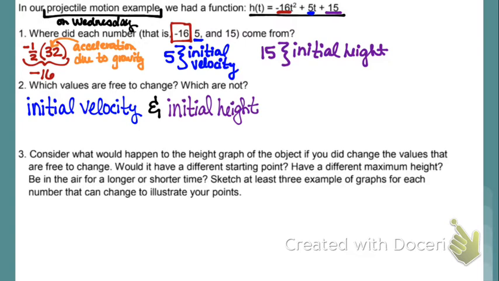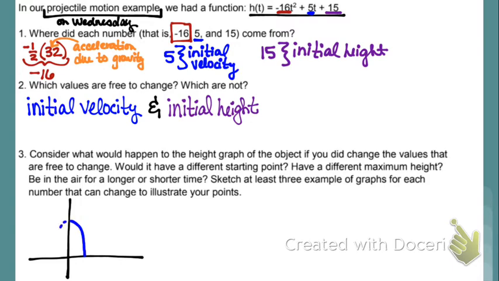I want to consider what would happen if we did change the height. So I'm going to draw some quick sketches. In my free fall, dropping the watermelon off the building, I had a graph that looked like this, right?